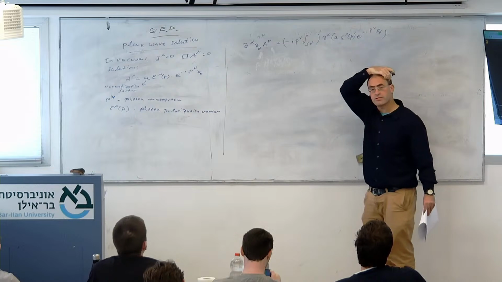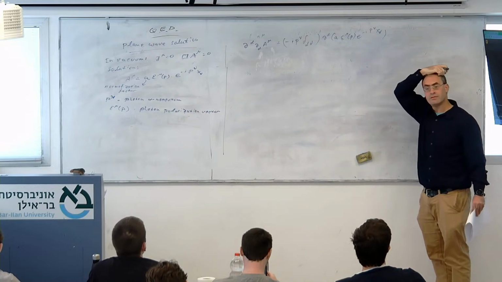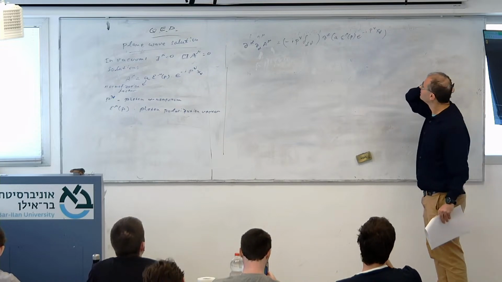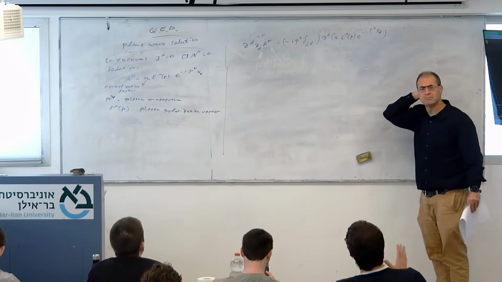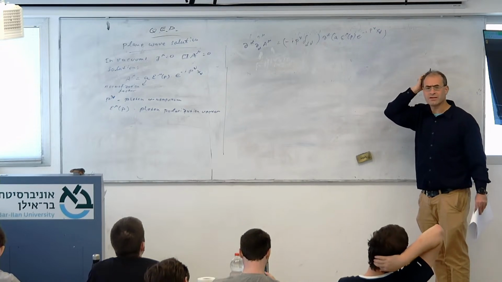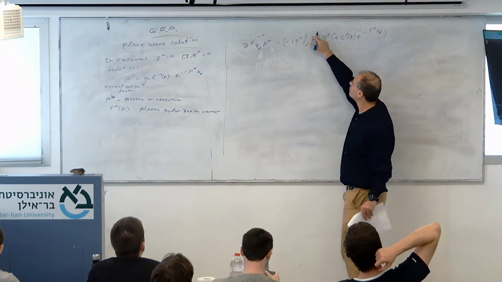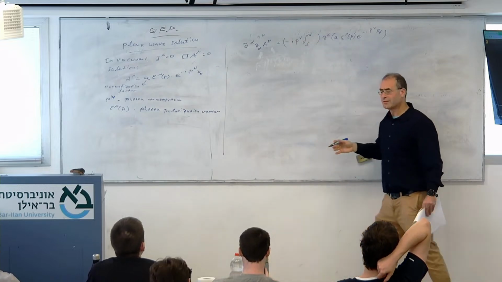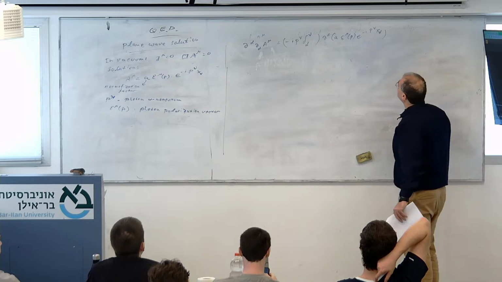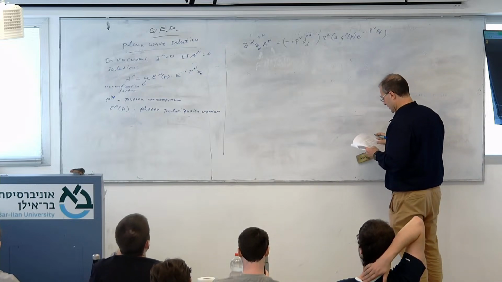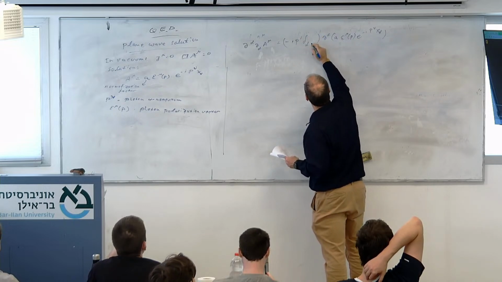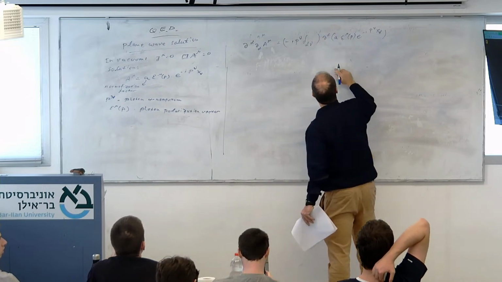If it's not, then I have 0. Shouldn't it be an eta instead of a delta, because it's a covector? Oh, yeah. You can put an eta if you want, if you want to be precise, but it doesn't matter. No, I have a p nu here. So it was right. You confused me.